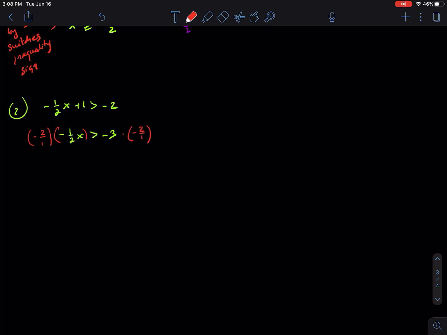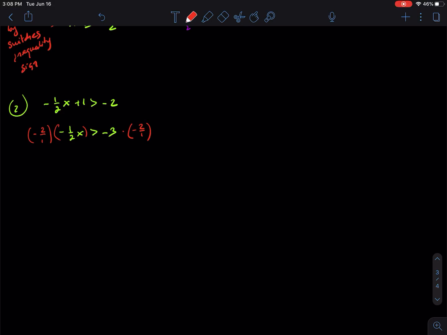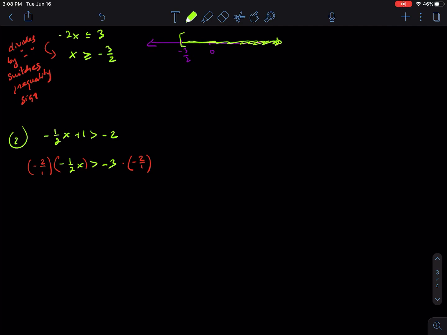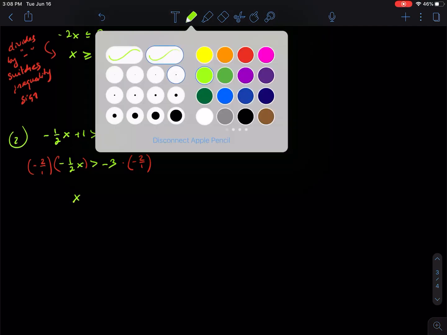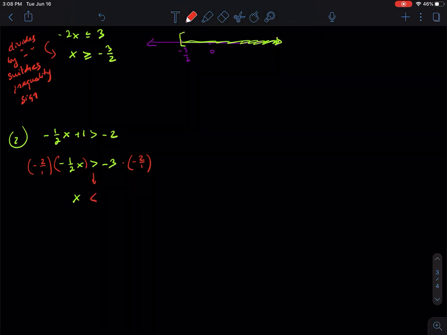When we multiply or divide by a negative, the inequality switches again. So we get x, and instead of greater than, it switches to less than, and over here we have a positive 6.